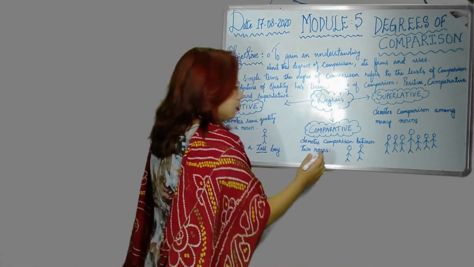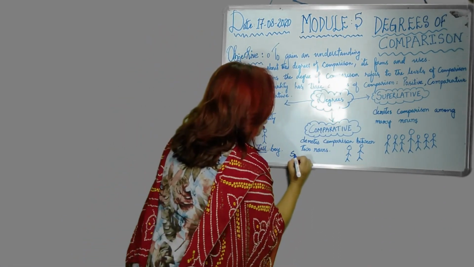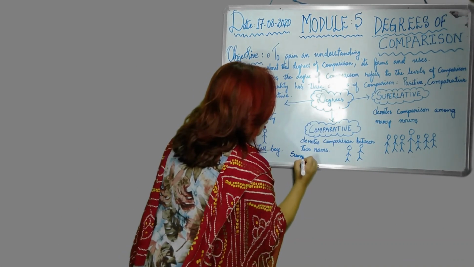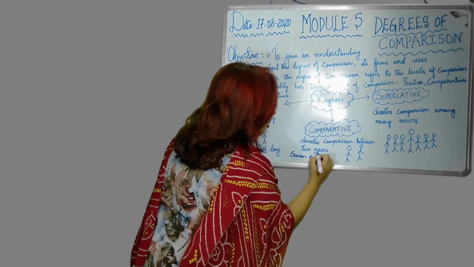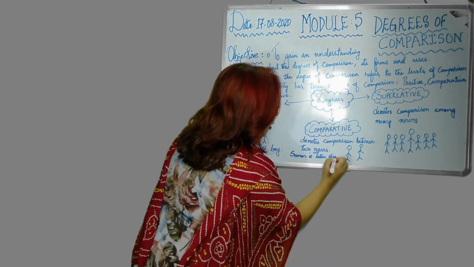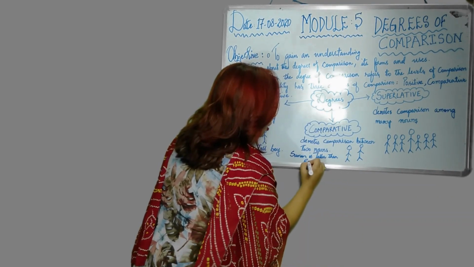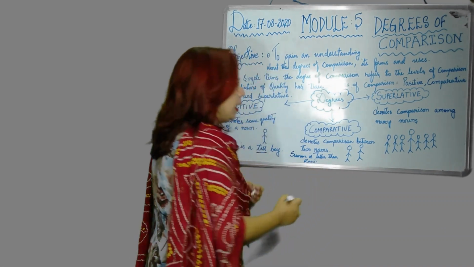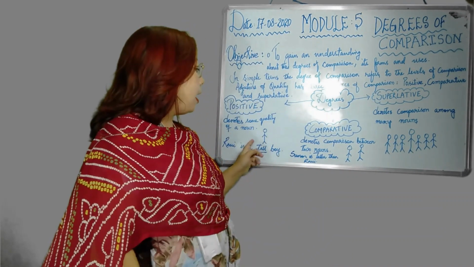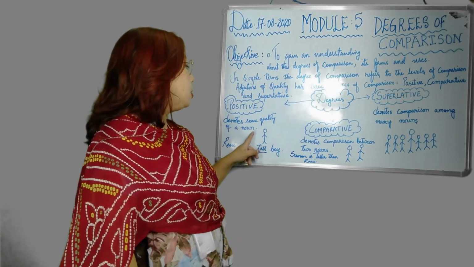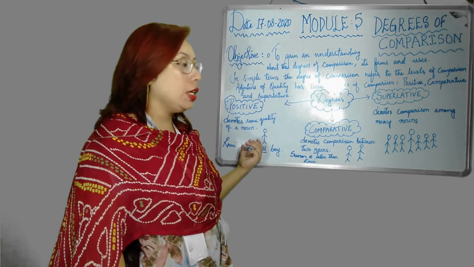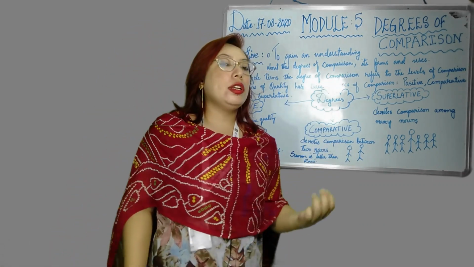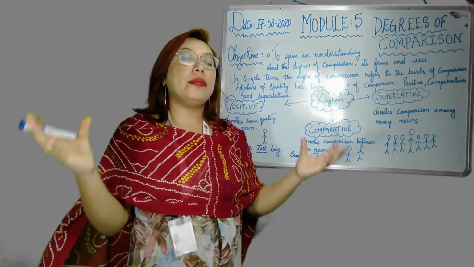Now here, Suman is taller than Ravi. What happens here, class? Before, I was just denoting the quality of Ravi, just showing it in a positive degree. But in a comparative degree, what happens? Two nouns are being compared.